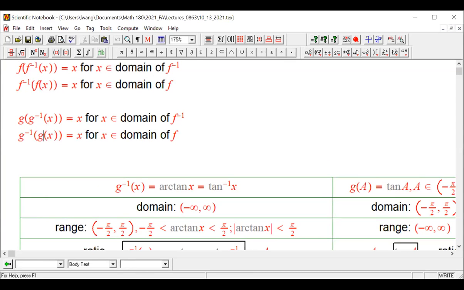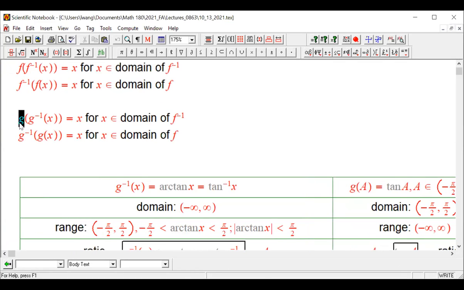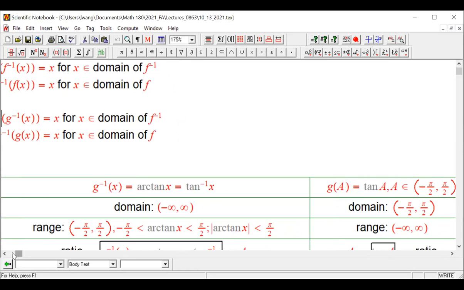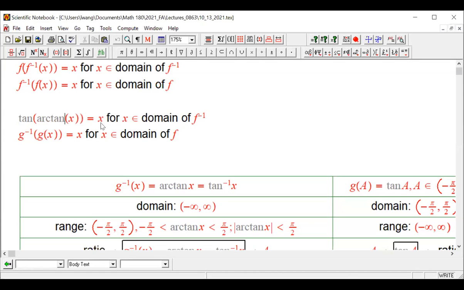Now, what is G? G is tangent with that specific domain and range. So G is tan, G inverse is arctan. And x belongs to the domain of G inverse. What's the domain of G inverse?